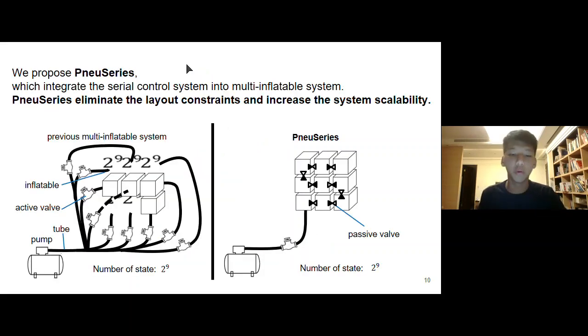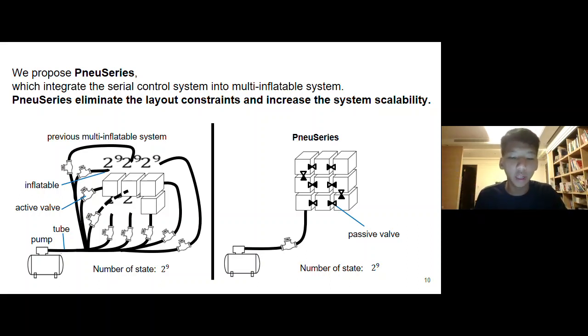Therefore, we propose NeuSeries, which integrates the serial control system into multi-inflatable systems for shape-changing interfaces. Unlike traditional multi-inflatable systems that duplicate a single inflatable system and have a proportional number of actuators, NeuSeries uses only one actuator to control all inflatables.